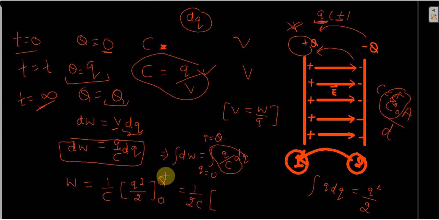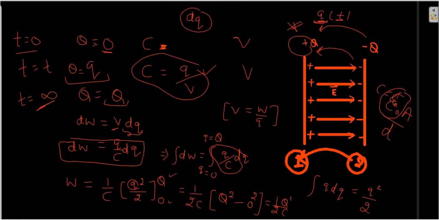Now we substitute the upper limit and the lower limit. You replace Q with the upper limit, that is Q square, and subtract the lower limit. So finally you get 1 by 2C Q square. This is the work done that is stored in the form of potential energy.